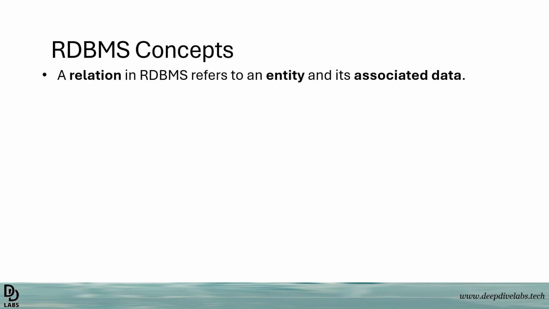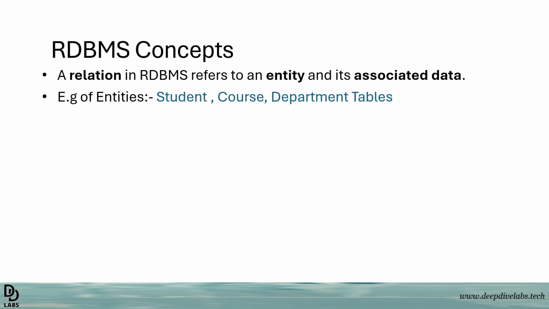Let's look at some of the main concepts under relational database management systems. A relation in an RDBMS refers to an entity and its associated data. So for example, if we have to store course information, student is an entity, the course, the department that offers the course, etc. are entities.